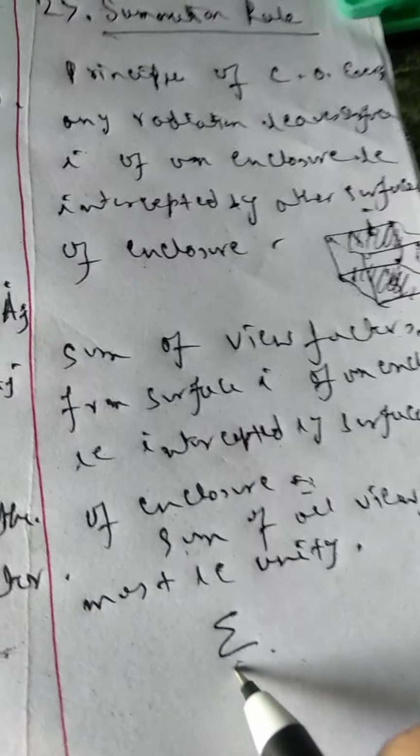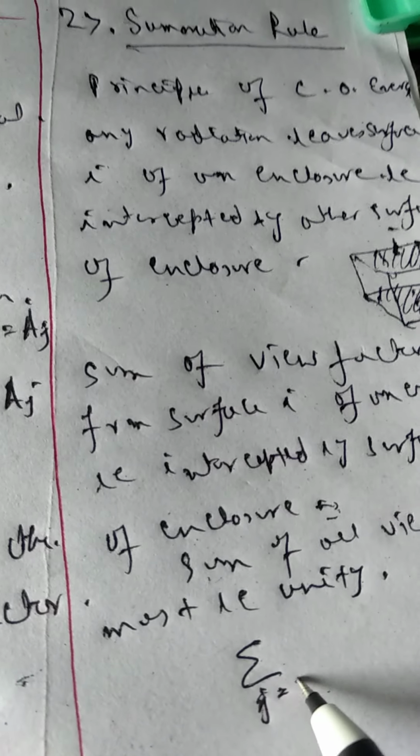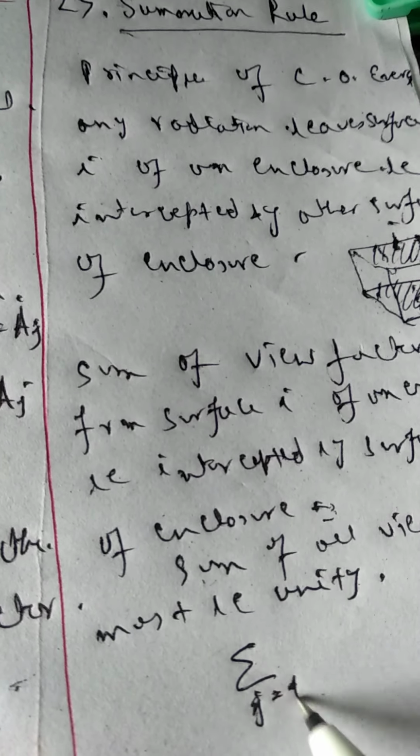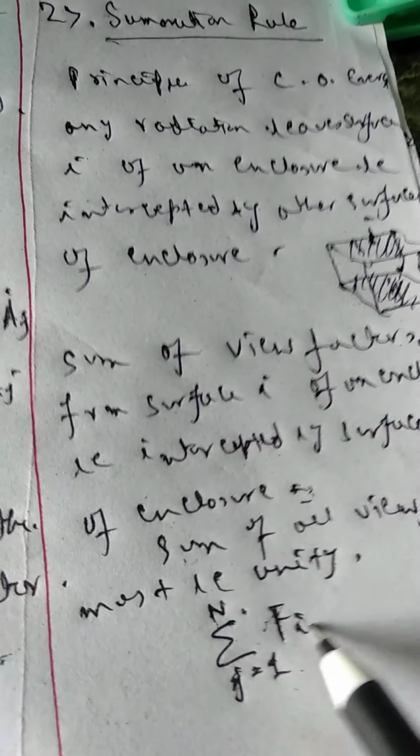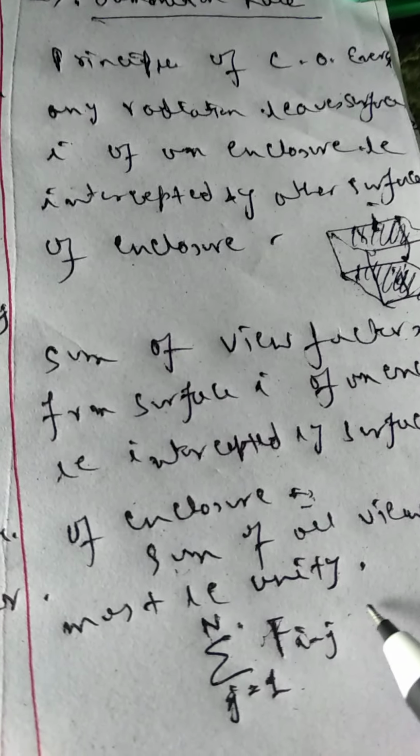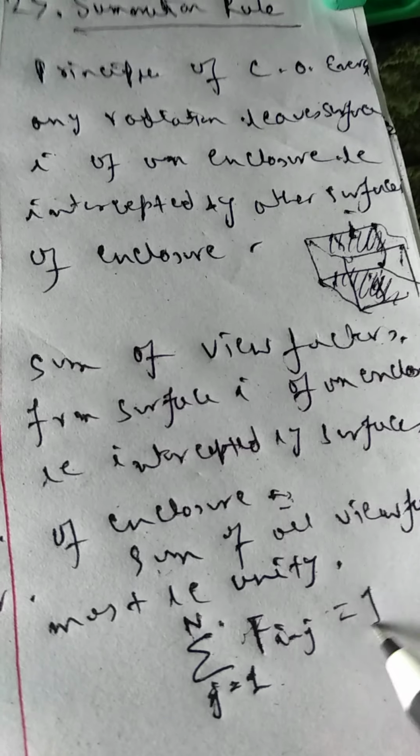So you can write like this: summation of j from 1 to n, there are n number of surfaces, F_ij is equal to 1.